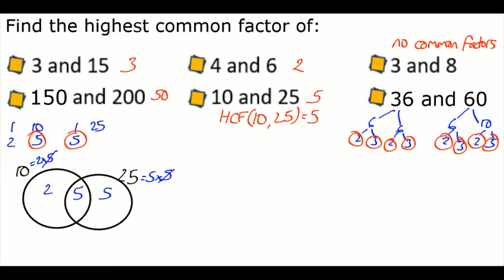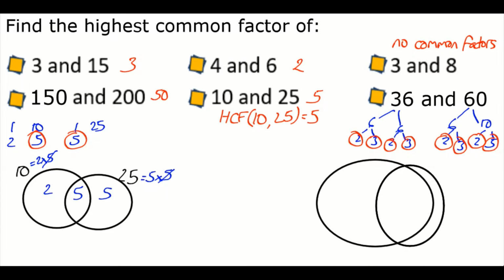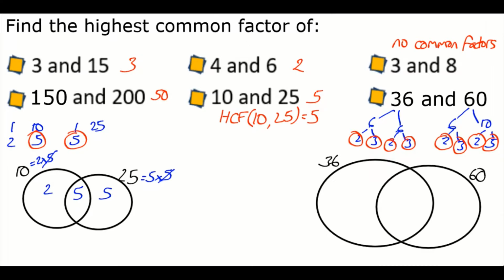So if we put those onto a Venn diagram, this time I'll make sure it's got a nice big overlap. We have got a ring for 36 and one for 60.